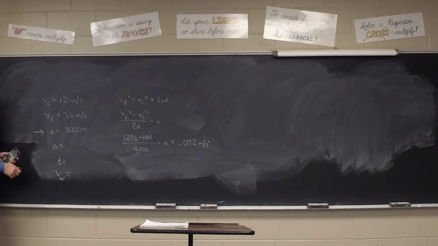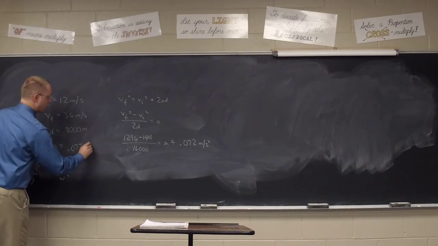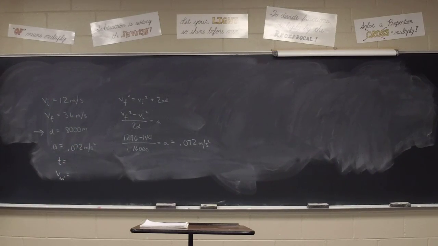Very slow acceleration, right? And that is already the 2 sig figs we wanted, or 7.2 e negative 2 meters per second squared. We go to find the time.